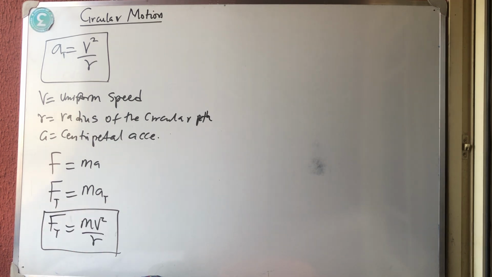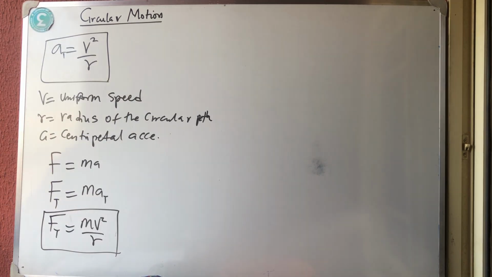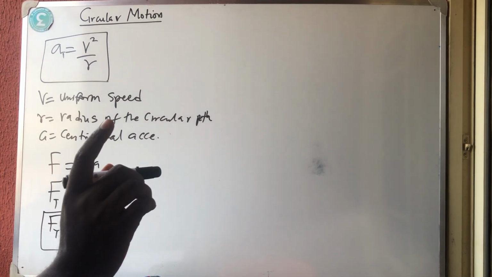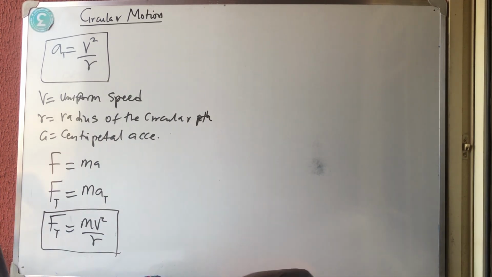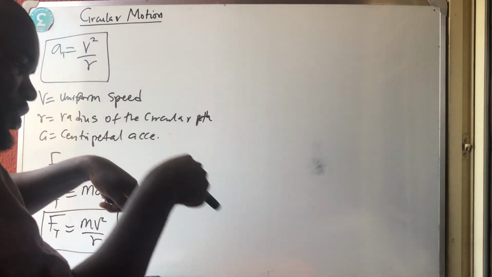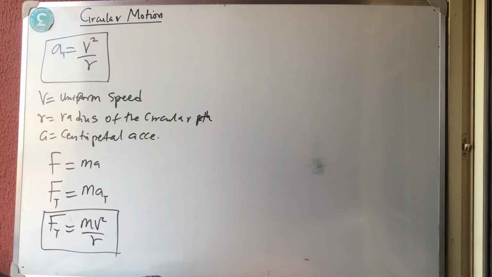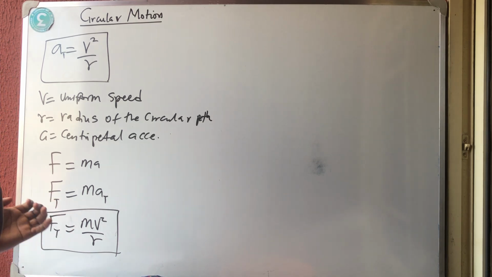The next one is centrifugal force. Centrifugal force is the force that cancels the centripetal force, acting in the opposite direction so that it can balance the object. They said, since centripetal force keeps the object moving in a circular path, there must be an equal and opposite force which balances the object from falling inward.